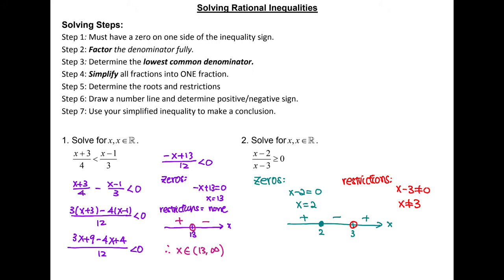By looking at our inequality, we know we are looking for the positive regions as our y value is bigger than or equal to 0. Therefore, we say x is an element of negative infinity to 2, square bracket, including the 2, union, round bracket at 3 up to positive infinity.